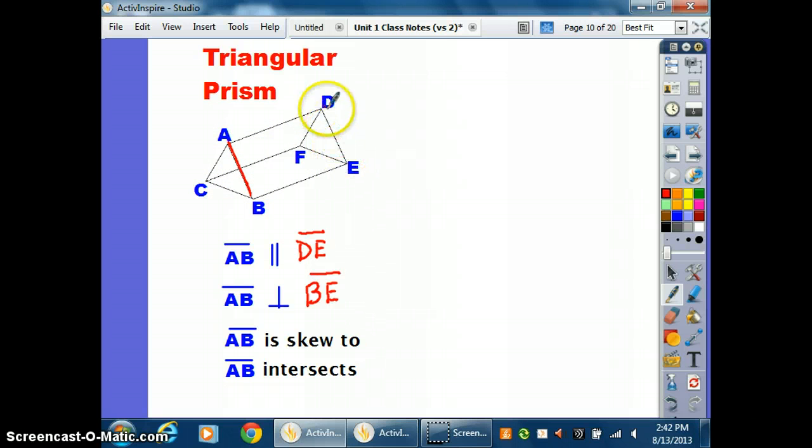Can't be this one. It's parallel to it. It's going to have to maybe be this segment here. Okay? Or it could have been CF. One there in the back of it, running on the back. I'm going to use DF. Okay? It's skew to DF. They're not in the same plane and they're not parallel.